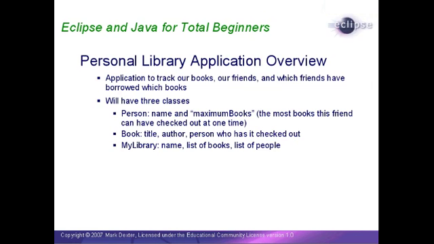One called Person, which will have the person's name, and a number, which will be the maximum number of books that this person can borrow at any one time. The Book class will have fields for title, author, and the person who is currently borrowing the book. Finally, we'll create a class called My Library, which will contain a list of all of our books and a list of all the people who might borrow them.